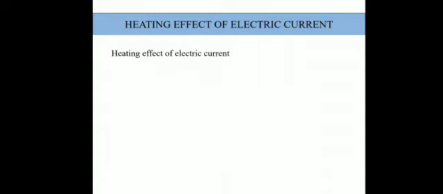So we know that whenever electric current is passed through the wire, it produces heat. The wire gets heated, or it produces heat energy. And I hope all of you are very clear with how this heat energy is produced. What is current? Basically, current is nothing but flow of electrons.